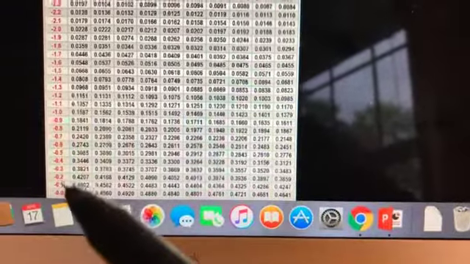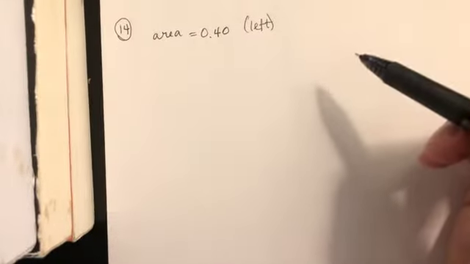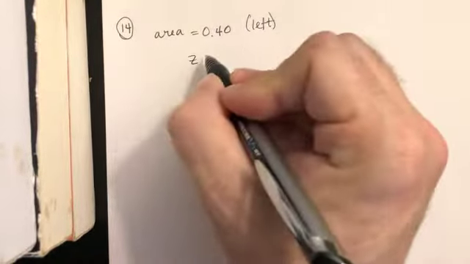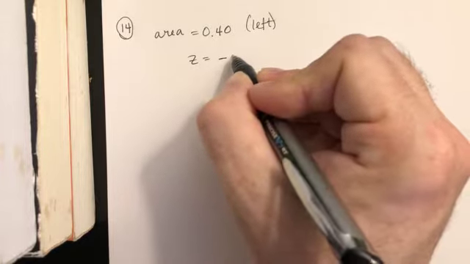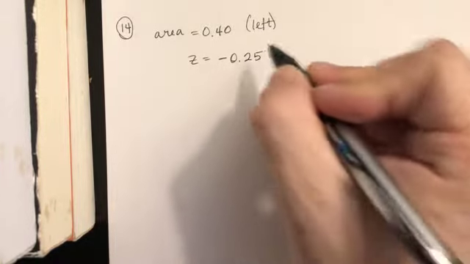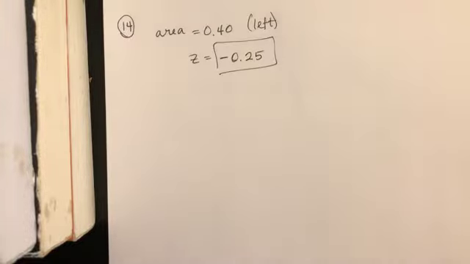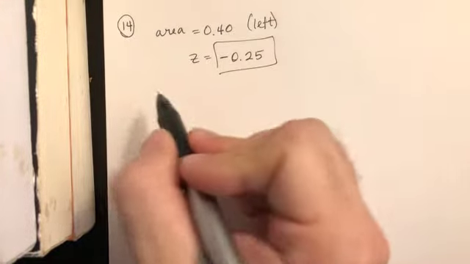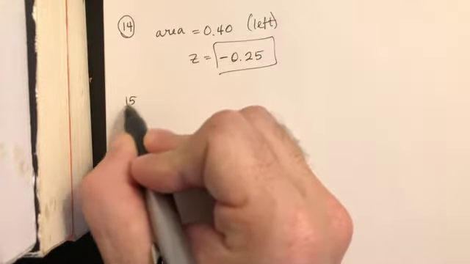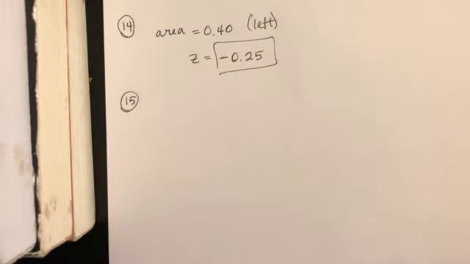So it's negative 0.25. That's it. And we always start you off with a nice one, then go to the next one, which is not as nice, right? So this is just looking in the chart for 0.4 and then giving a z-score that goes with it.